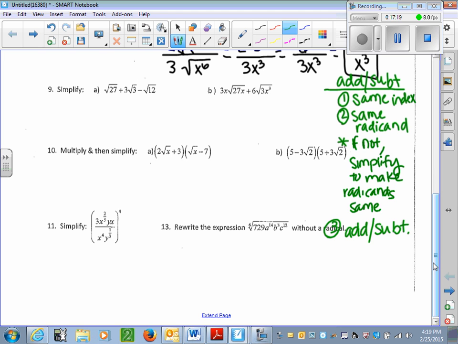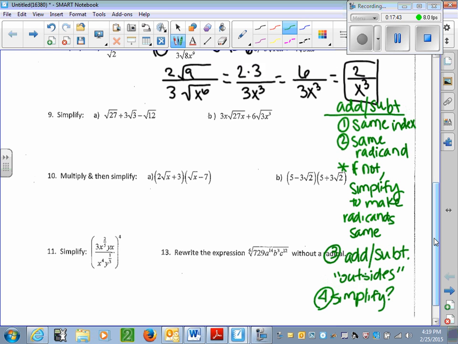Add or subtract the outsides. Okay, and then step 4, we just got to see if we can simplify any of the radicals further. Because sometimes we may not have simplified them all the way and they still matched, and we have to just check. So I'll put a question mark. You may or may not have to simplify it further, but you got to see if you can simplify the radical further. All right, so we got our steps there.